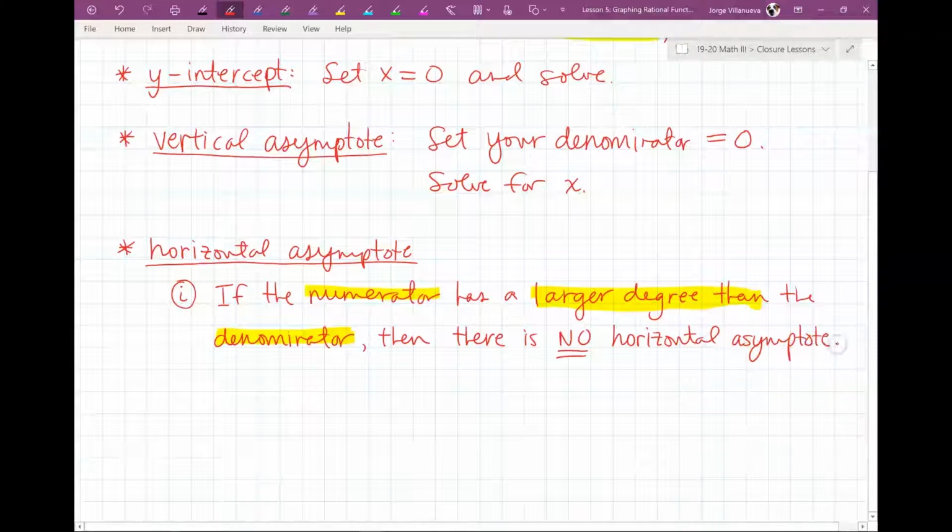And an asymptote is just like a vertical line or a horizontal line.